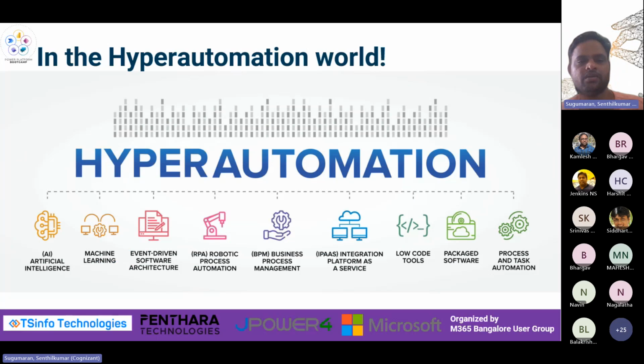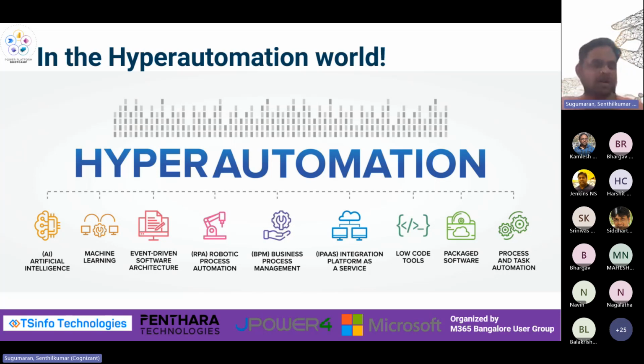So just getting into this, I'm sure automation is no longer a buzzword, and everyone talks about automation, but as we all know, we've evolved from regular automation to hyper automation.